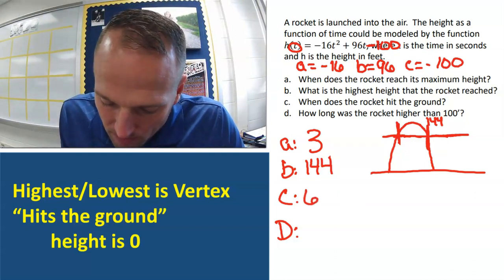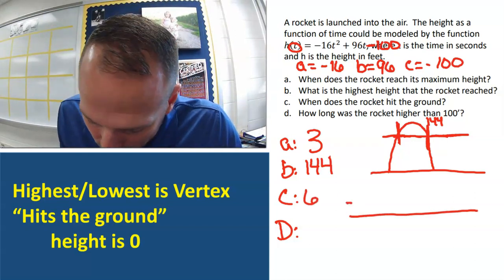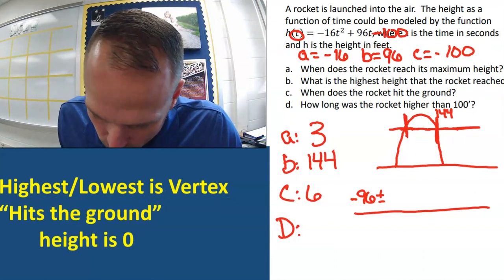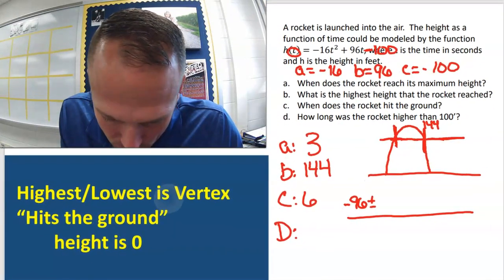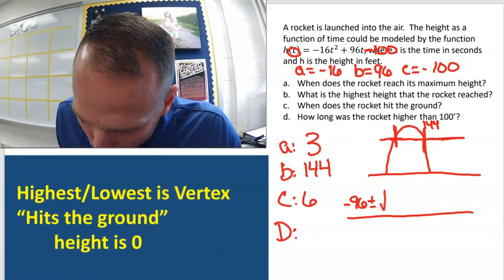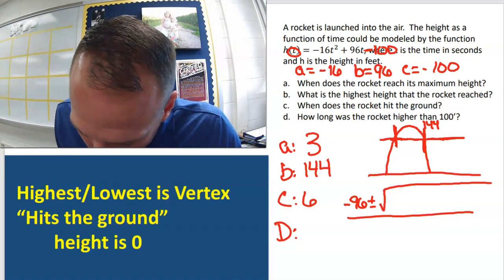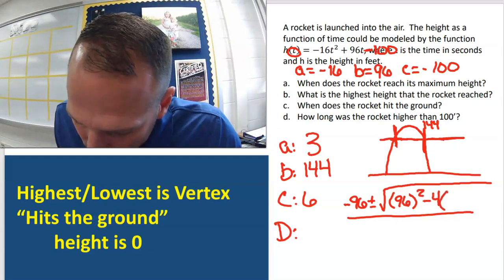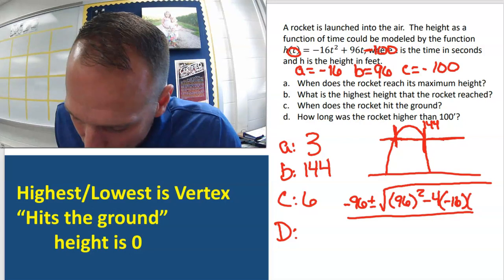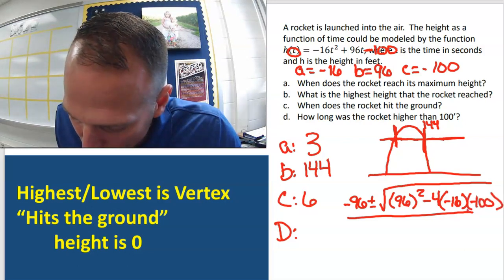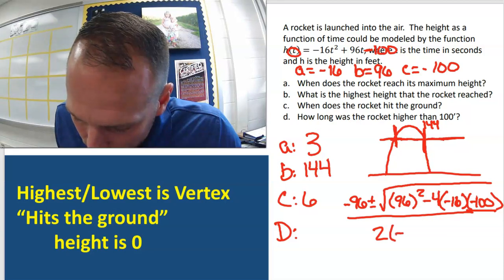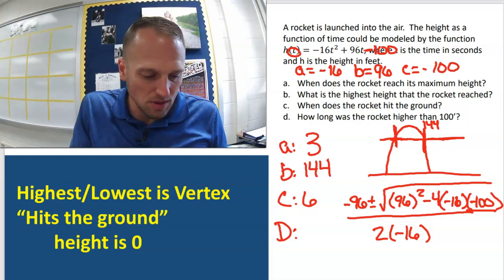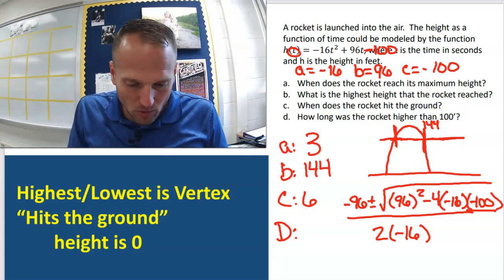So let's do this. Negative B plus or minus the square root of B squared minus 4 times A times C, all over 2 times A. Now this time I am definitely using my calculator for this. There's a lot of things going on here.